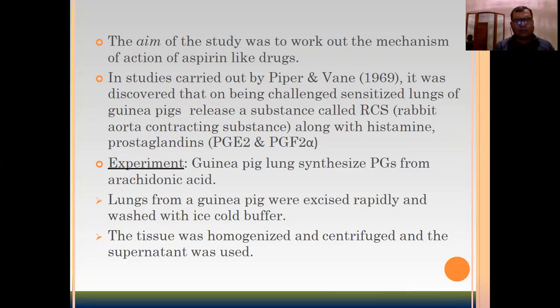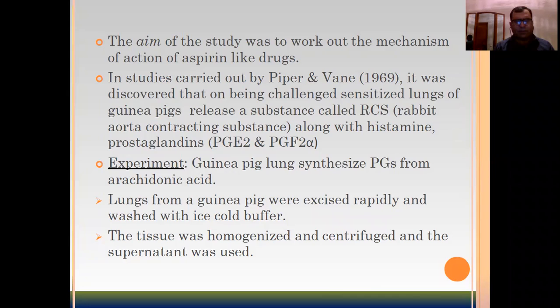It was discovered that on being challenged, a sensitized guinea pig lung releases a substance called RCS, rabbit aorta contracting substance, along with histamine, prostaglandin E2 and prostaglandin F2A. In the experiment, guinea pig lung synthesizes prostaglandins from arachidonic acid.